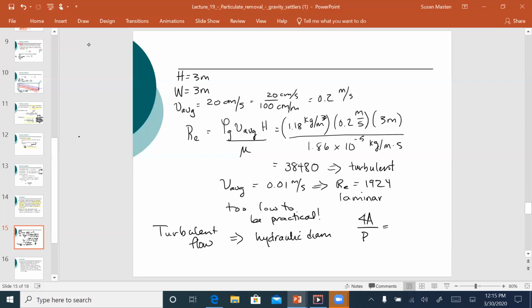In this case, it would be 4 times the height times the width divided by 2H plus 2W. That would be our wetted perimeter. So for this type of reactor, this is really what we should be using. But note that in either case, we'll have turbulent flow, so removal of particulates would be quite inefficient.